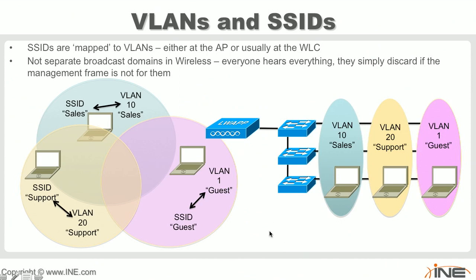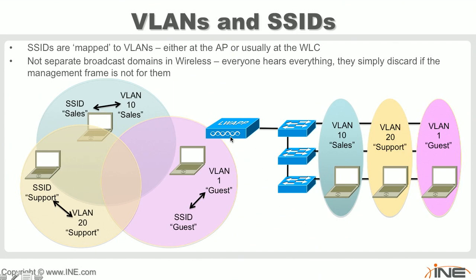I'll have another one that shows it. And it will be the wireless LAN controller's job to decapsulate that 802.11 traffic and then send that traffic onto the 802.3 infrastructure using the proper VLAN ID, using the proper .1Q tagged VLAN ID or trunk ID.